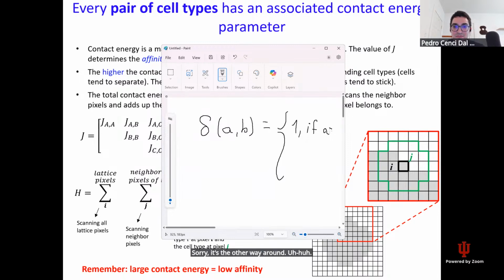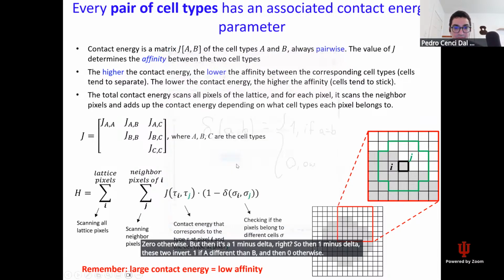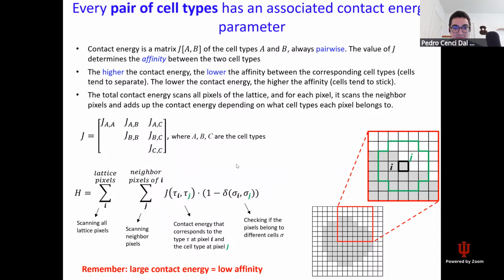If A equals B, it is 1, 0 otherwise. But then it's a 1 minus delta, right? So these two invert: 1 if A is different than B, and 0 otherwise. So here we have delta of the cell of pixel I and then the cell of pixel J. J is the neighbor. So this is asking if the cell of pixel I is the same as the cell of pixel J. If they are the same, delta is 1, and then 1 minus 1 is 0.